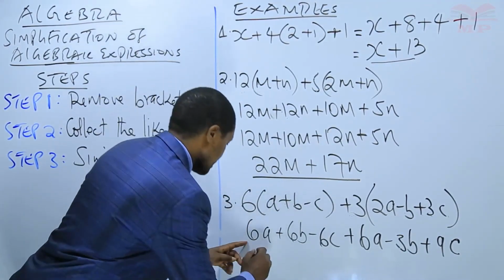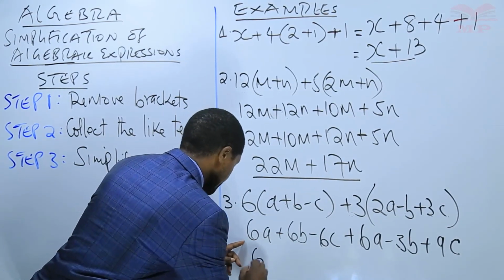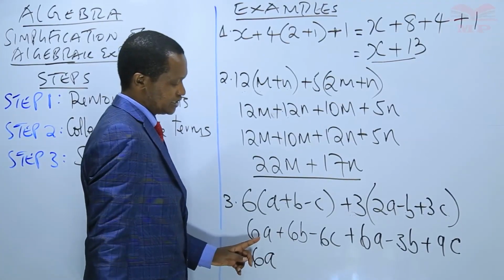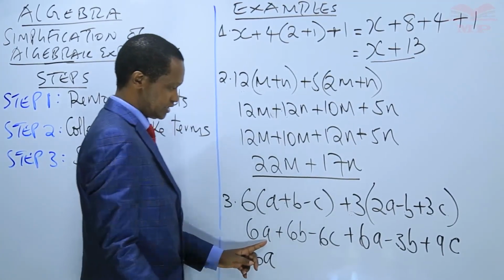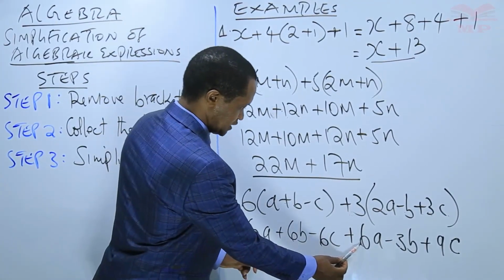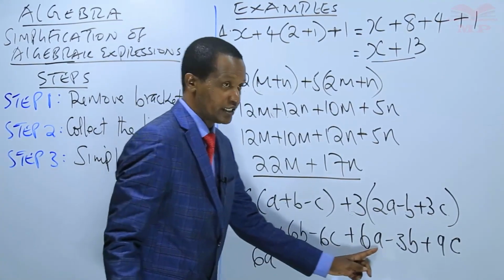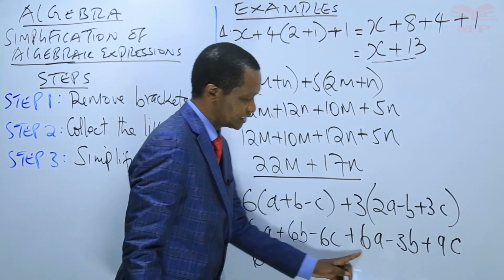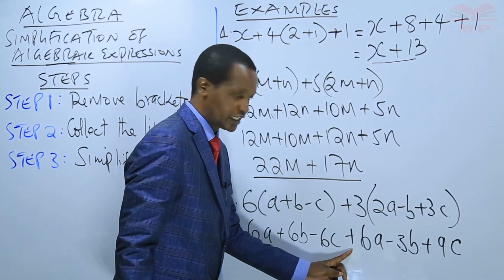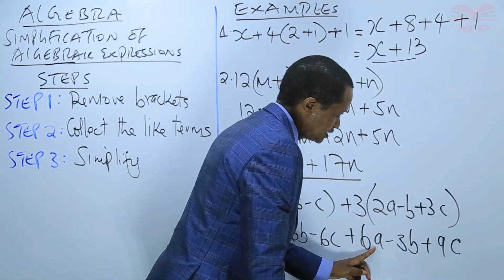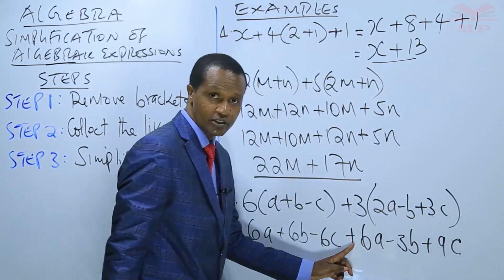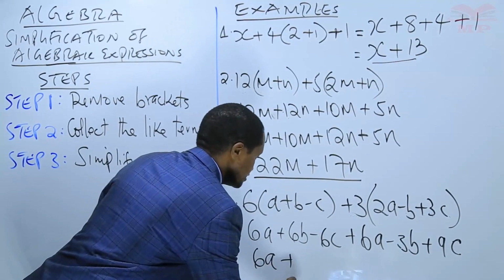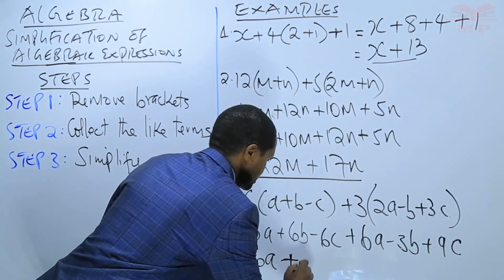We have positive 6a. We are grouping. We look for the other term that has letter A, and I have it here, 6a. Before this term there is a positive sign, so we'll pick this term together with the positive sign. So we have plus 6a.